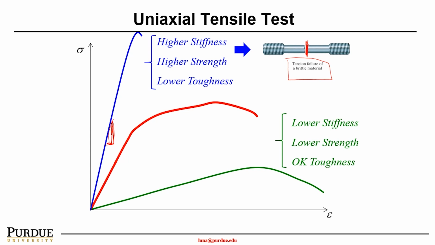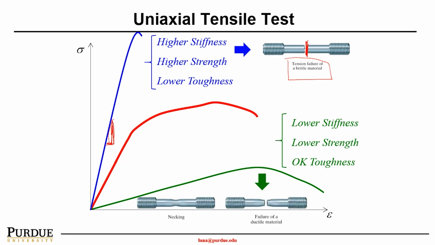On the other hand, I could lower the stiffness, lower the strength, and get okay toughness. For instance, in this case, this may be aluminum. If I have a piece of aluminum with the same shape as the carbon fiber, when I'm doing the uniaxial tensile testing, I would expect it to start to develop a neck area, and then eventually fail.